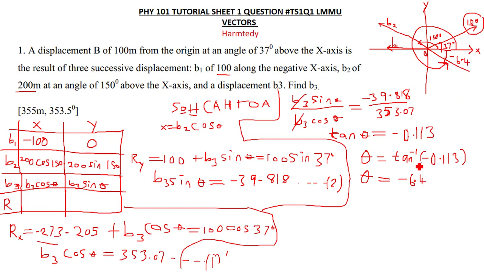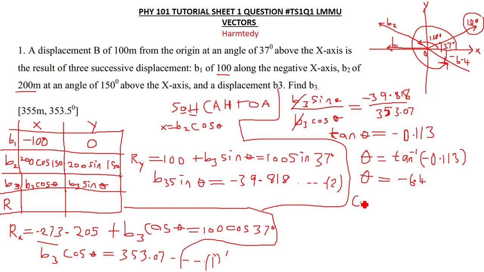So when you subtract 360 minus 6.4, you get your theta, which is the needed angle, your direction.